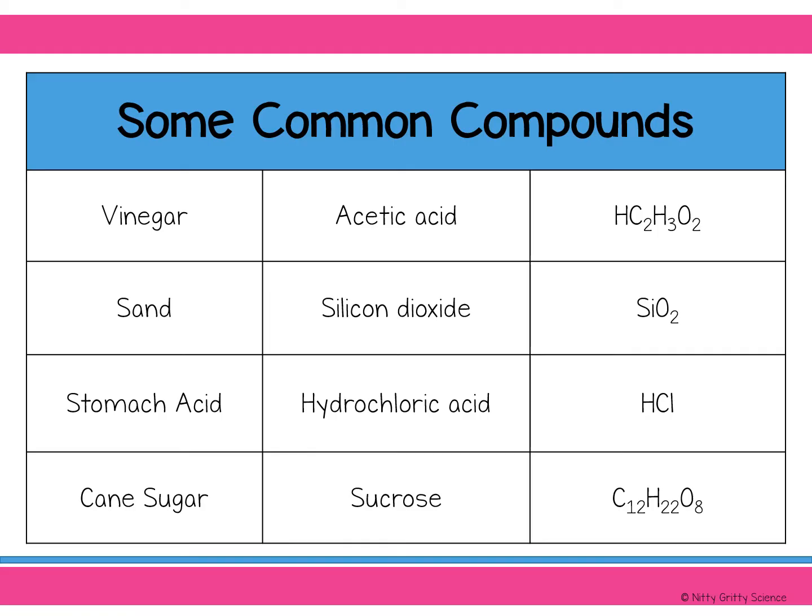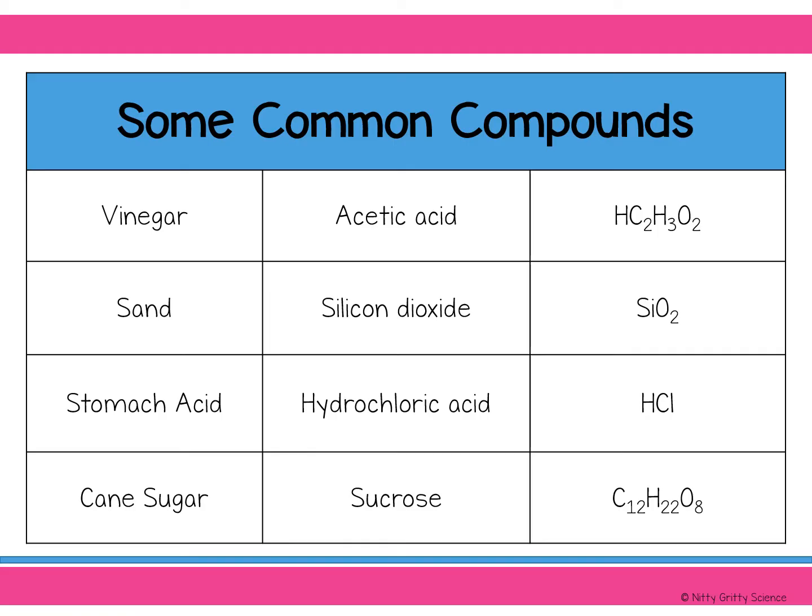Looking at the chemical formula, you first want to determine the elements that are present. Here we have hydrogen, carbon, and oxygen. The next thing you want to notice is the subscript number written after each element symbol. Subscript means written below, and this subscript is going to tell us how many atoms of the element are in a unit of that compound.